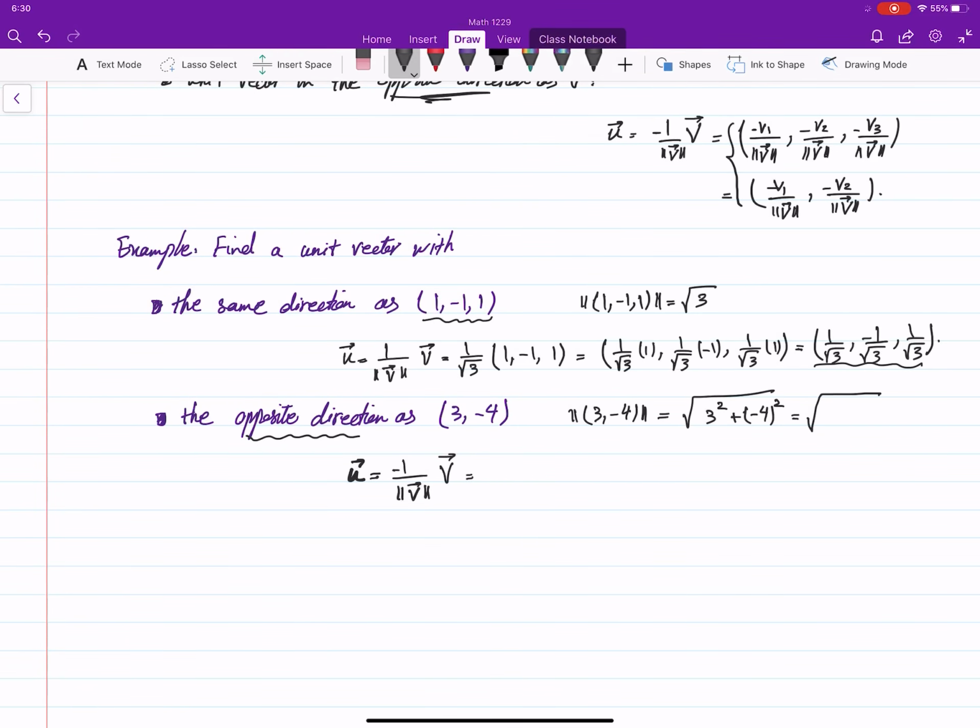The negative will go away, and that will give me 9 plus 16, which is 25. The root of 25 is just 5. So we'll do negative 1 over 5 times 3 and negative 4, and then this goes inside. It's negative 1 over 5 times 3, negative 1 over 5 times negative 4, which gives me negative 3 over 5, and two negative signs give 4 over 5.